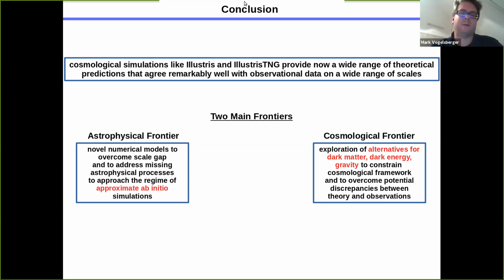And depending on your application, SPH might also be perfectly fine, especially if you want to run very large volumes, and you don't want to resolve super small scale ISM physics, but just get an overall box with rough hydro properties. It's perfectly fine.